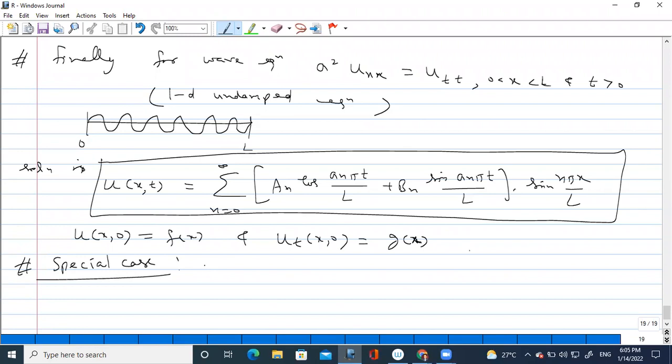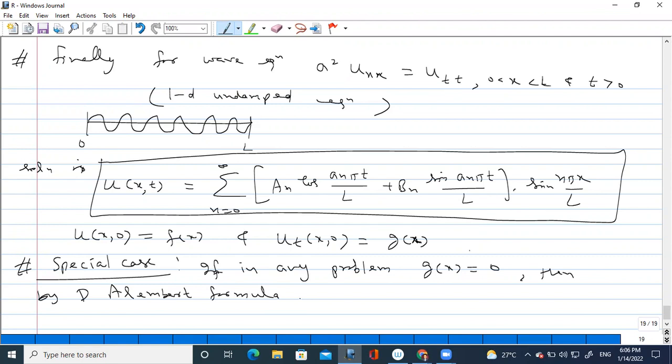If in any problem g(x) is equal to 0, it is given, then by the D'Alembert formula we can write u(x,t). We can directly use the D'Alembert formula to find u(x,t).